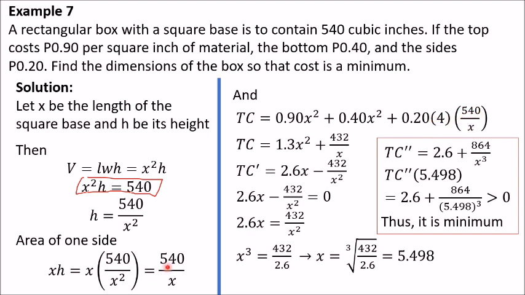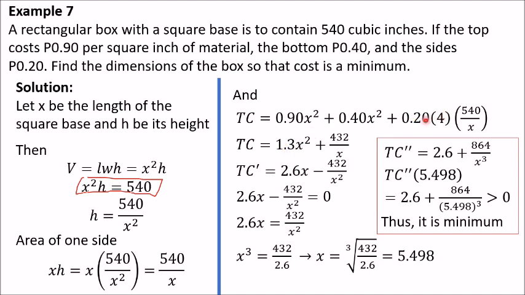O, dito galing yan. So, simplify lang natin to. Since this is same term or similar term, kasi pareho silang may x squared na variable, so add this, 0.90 plus 0.40 is 1.3 x squared.